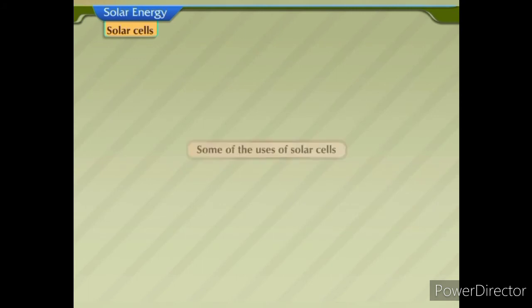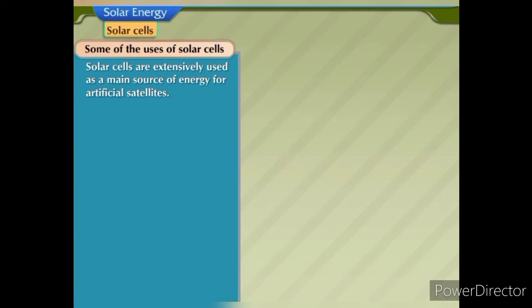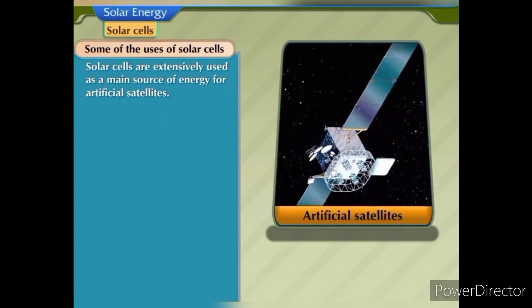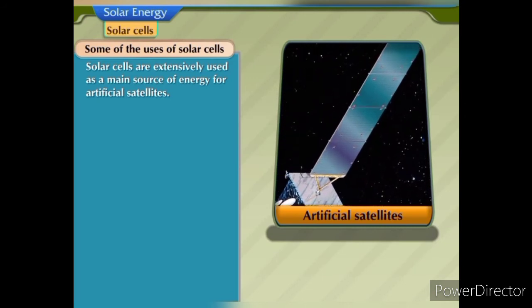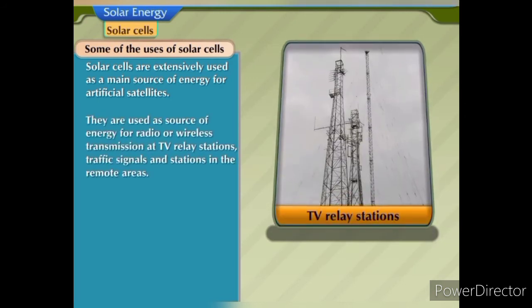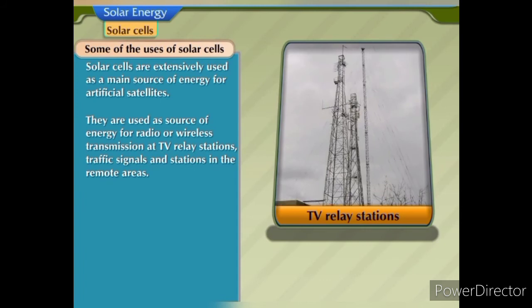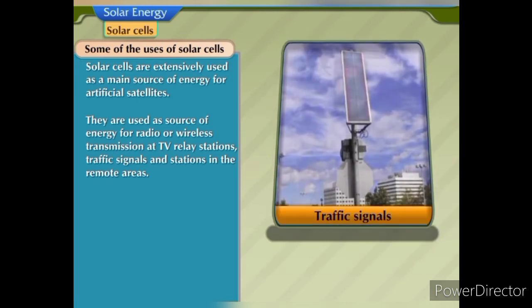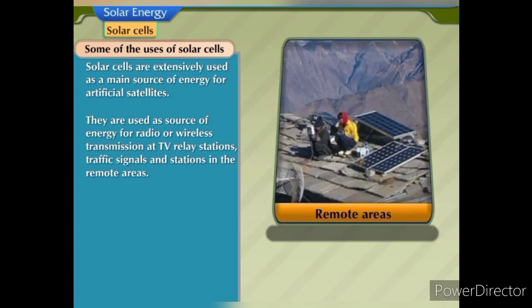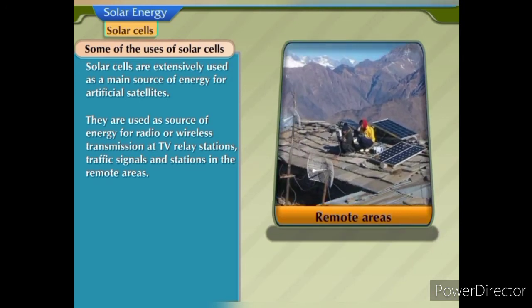Let us list down some of the uses of solar cells. Solar cells are extensively used as a main source of energy for artificial satellites. They are used as a source of energy for radio or wireless transmission at TV relay stations, and traffic signals in remote areas.